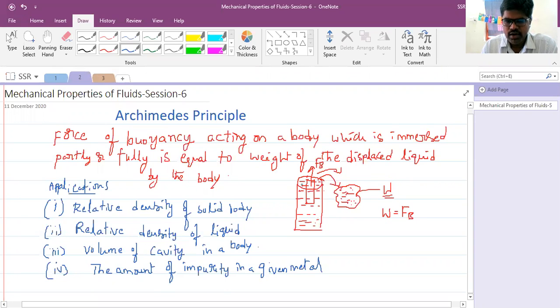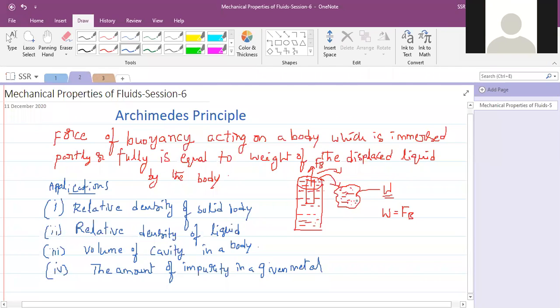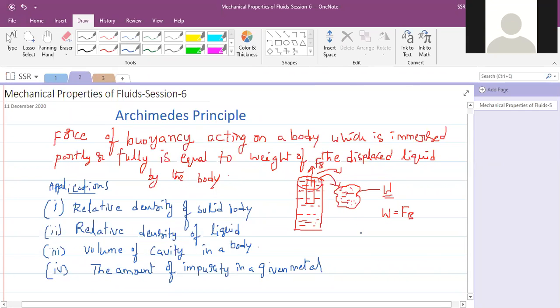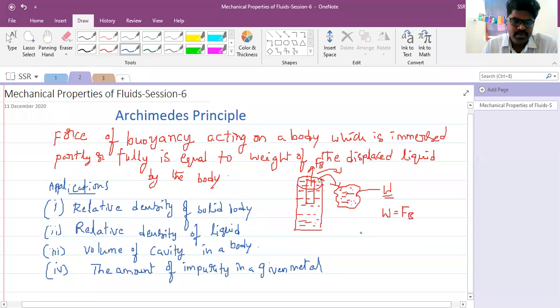Then if you keep one solid body inside, an amount of fluid will spill out of the glass. That amount of liquid that is coming out, the weight of that liquid displaced, is equal to the buoyancy force acting on the solid body. Okay, so that is Archimedes principle.